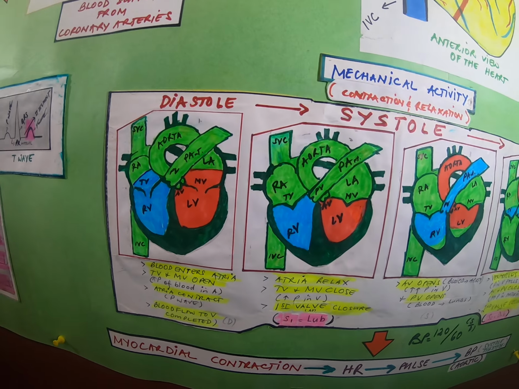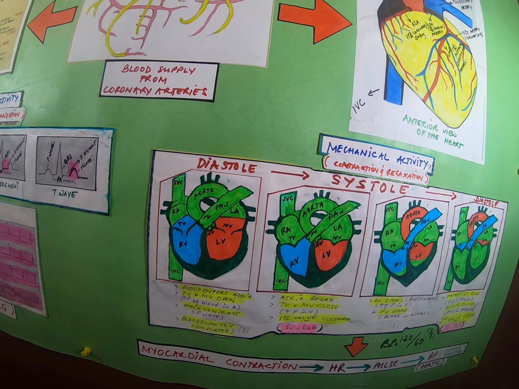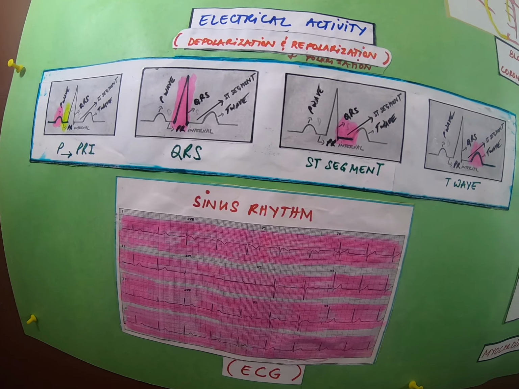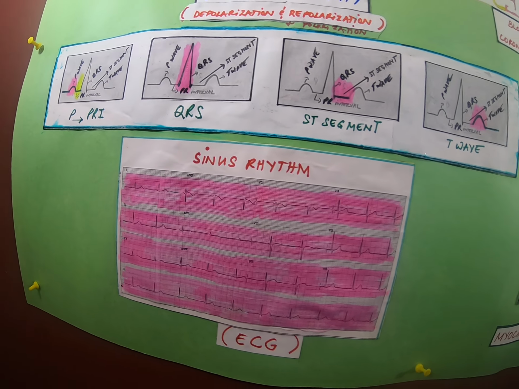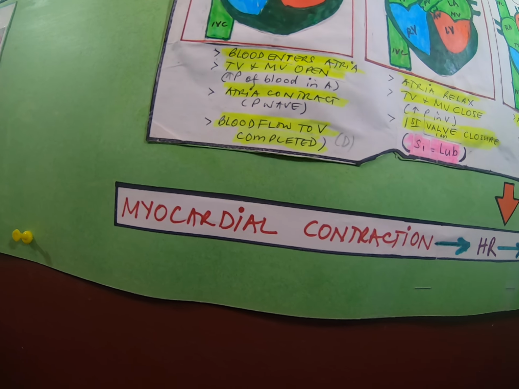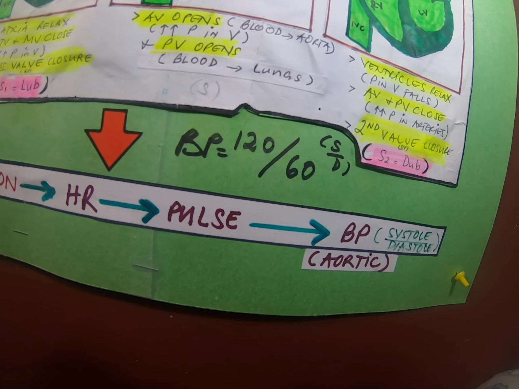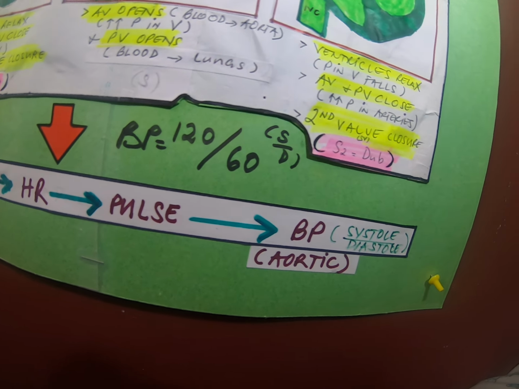Making this more simple, if a patient goes into PEA, we have a rhythm, but we get a problem with the pulse and everything. If the heart has a good contraction, we will have a good heart rate and pulse, blood pressure, and cardiac output.